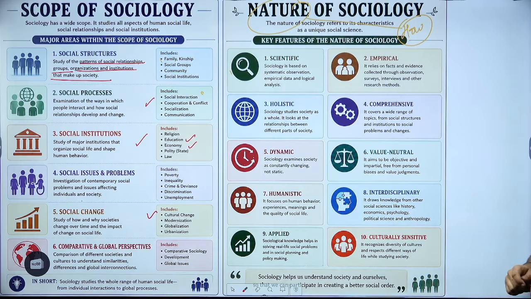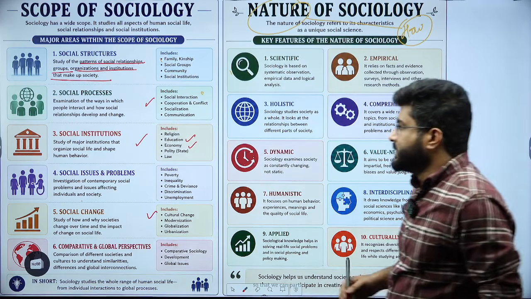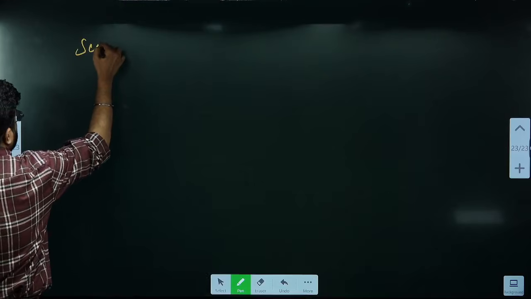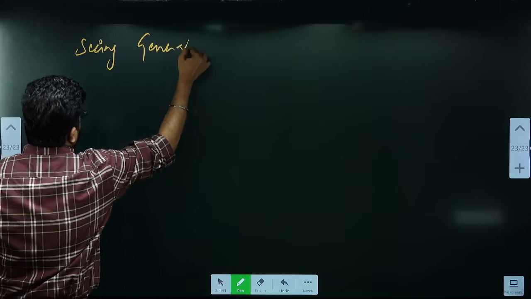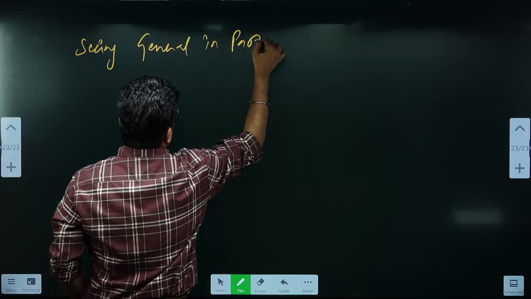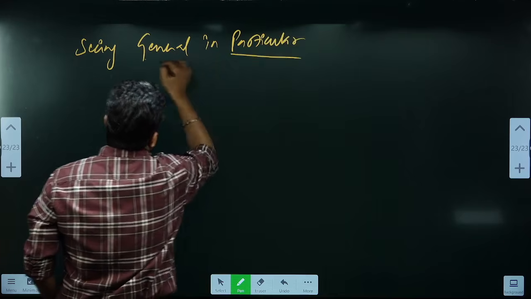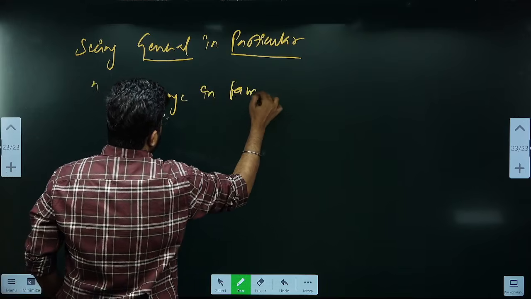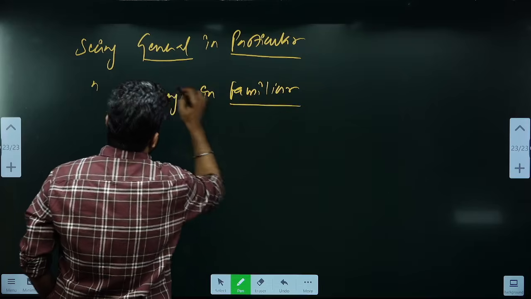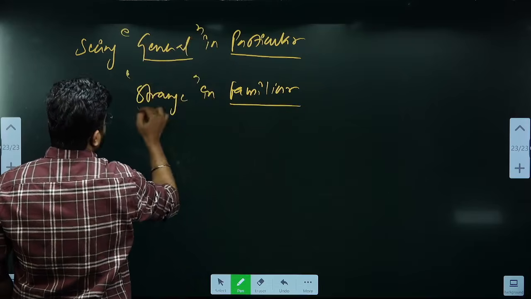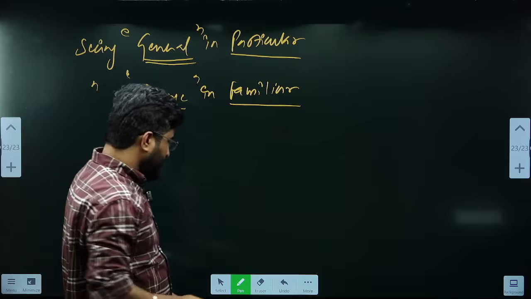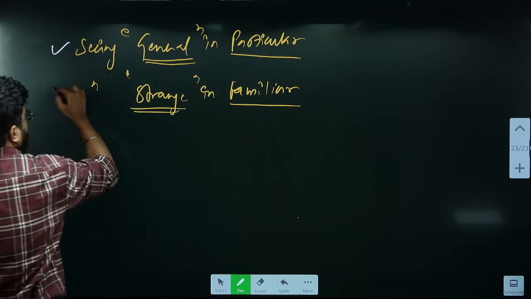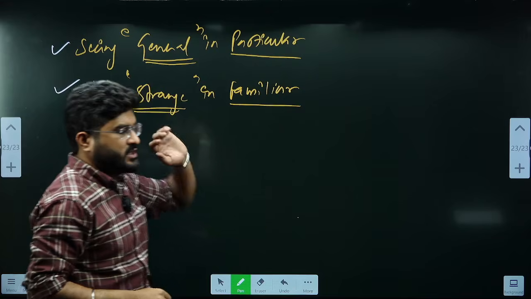So the sociological perspective is nothing but seeing the general in the particular and seeing the strange in the familiar. So the nature of sociology is nothing but seeing the general in the particular and seeing the strange in the familiar.